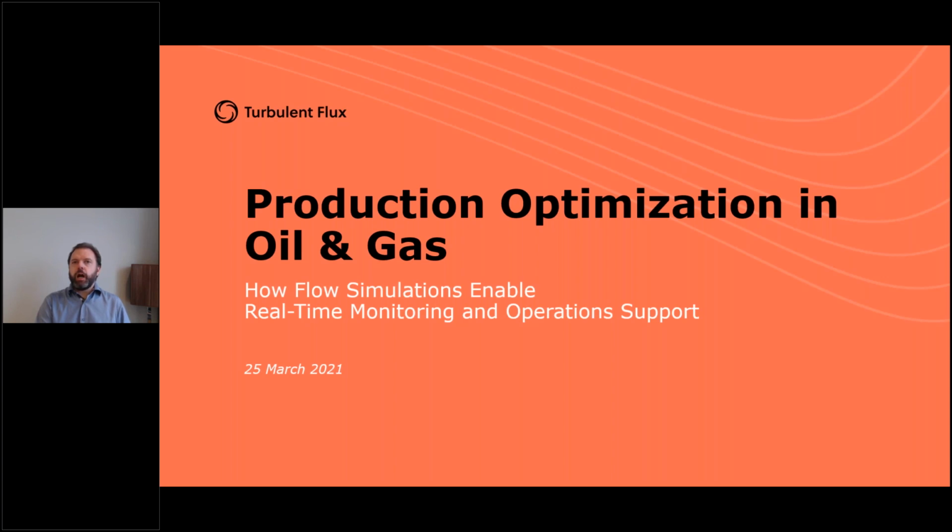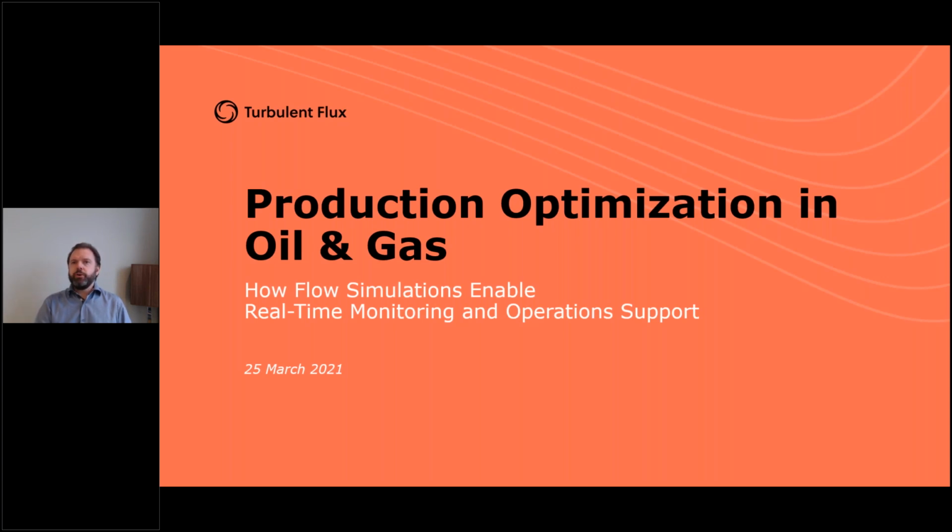That's where we see our position in this. Then we are really focusing on production optimization, so the optimization aspect of this. And the way we do that is through flow simulation. So those are the 3 key portions in this.